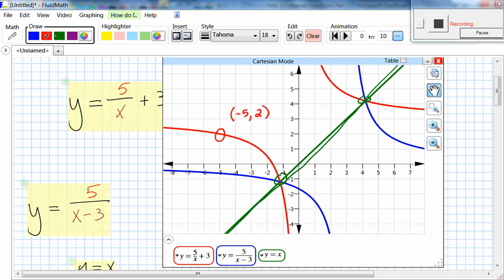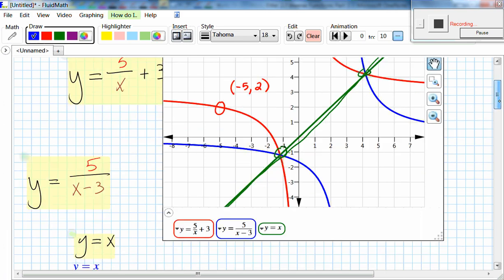Yeah? Well, then on the inverse graph, what point is guaranteed to be on the inverse graph? Don't we just switch these two? Remember we switched the domain and the range? Yeah, so 2, comma, negative 5.